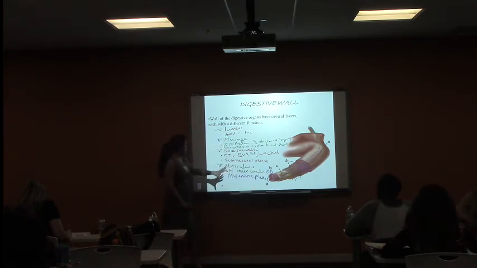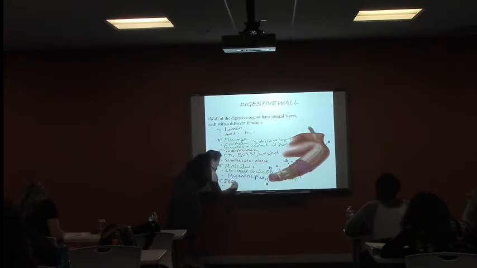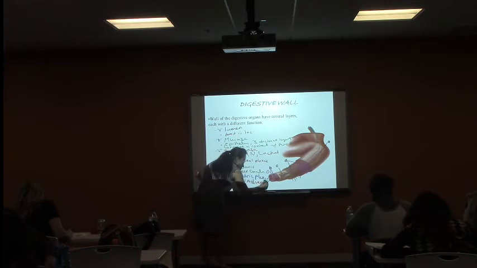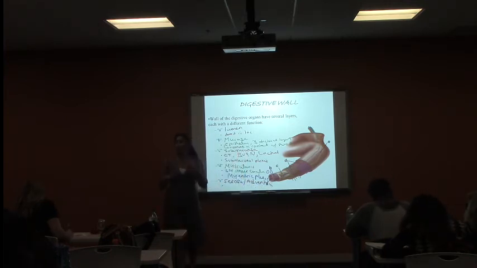E is, depending on which organ we're talking about, either called serosa or adventitia. Regardless of whether it's serosa or adventitia, it's a connective tissue layer.